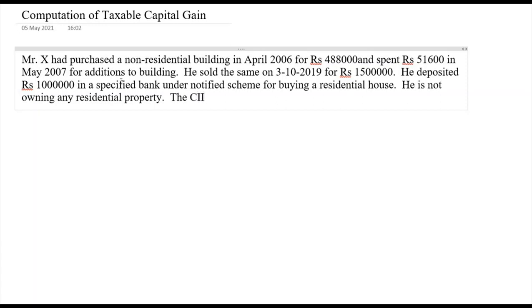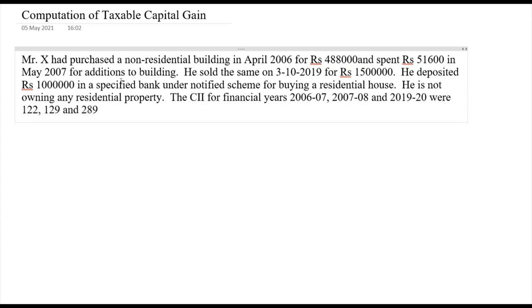The CII, that is cost inflation index, for financial years 2006-07, 2007-08 and 2019-20 were 122, 129 and 289 respectively.